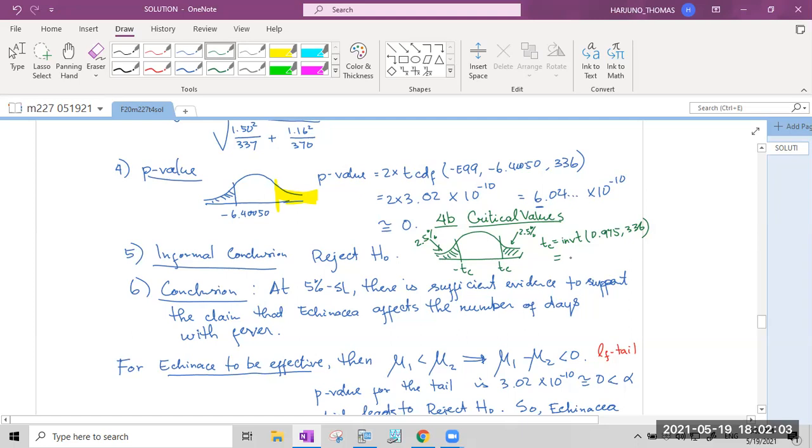I get, oh, it's plus minus, by the way, plus minus 1.96705. Okay, and our test statistic is -6, which is at the tail. That's why we reject null hypothesis.